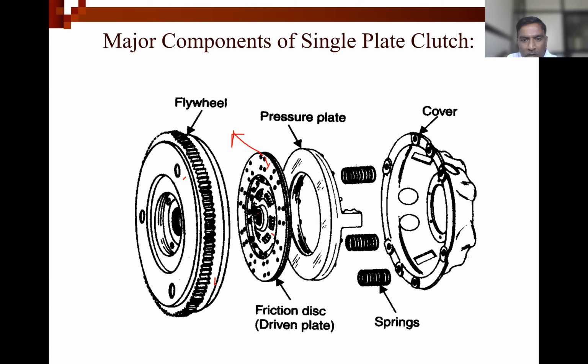This one is the spring. This is the spring. So all these springs are used to apply the pressure on the pressure plate, which is being used to maintain contact between this clutch plate and the flywheel.